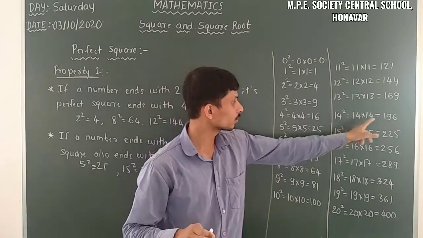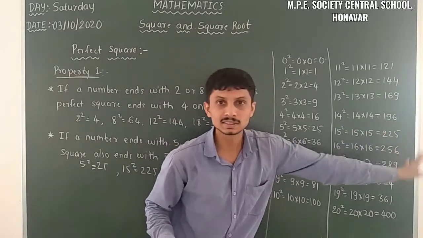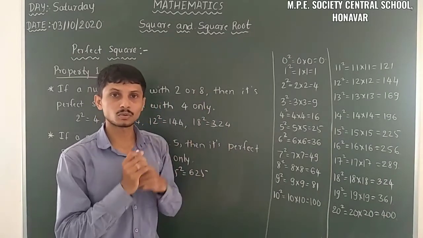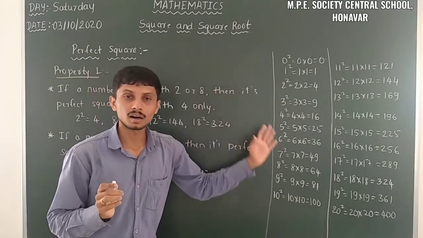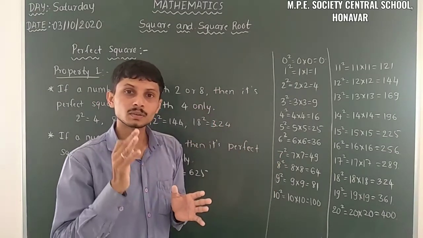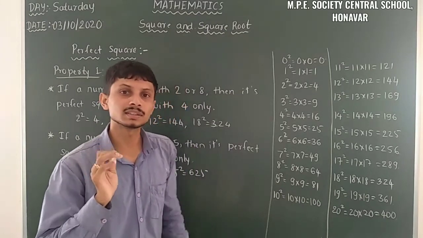Here also 14 square is equal to 196 and 16 square is equal to 256. This is also one of the properties of a square number.